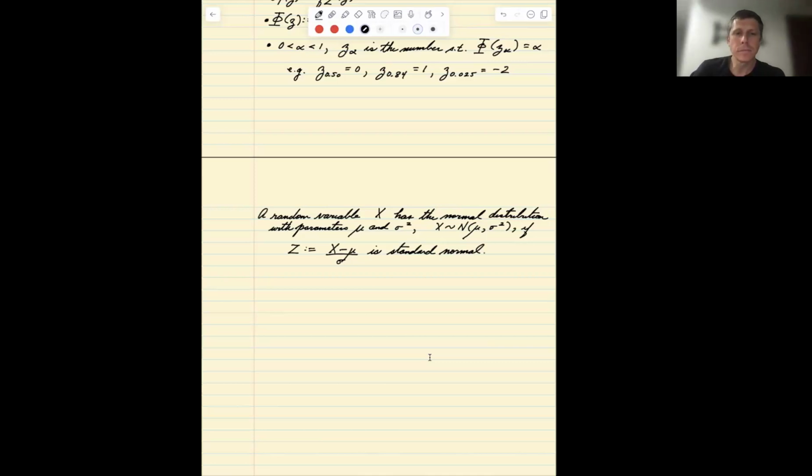Then x is a normal random variable with those adjusted parameters.